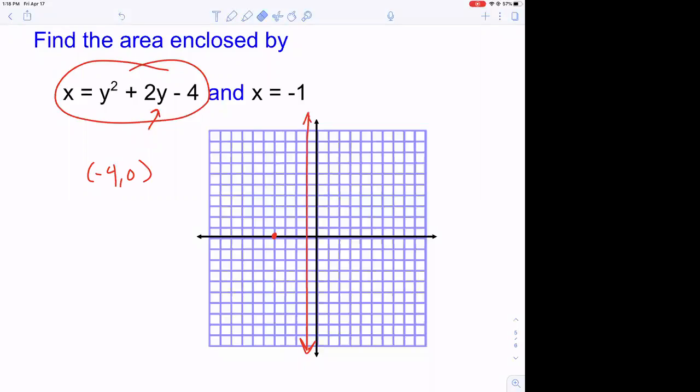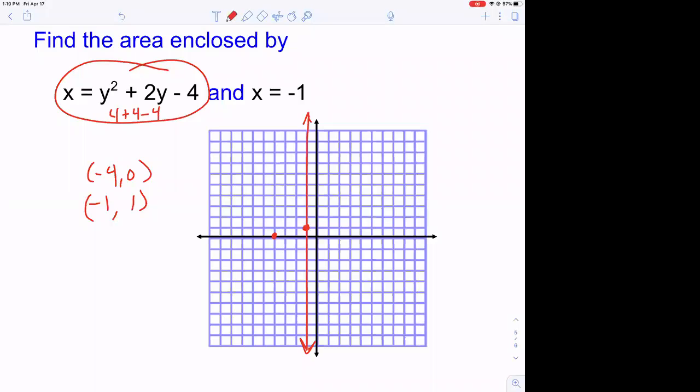If I plug in 1 for y, where am I at? 1 plus 2 minus 4. So I plug in 1 for y, that's -1. So I'm right here. Let's plug in 2 for y and just make sure that that thing crosses, doesn't turn around there. 2 would be 4 plus 4 minus 4.